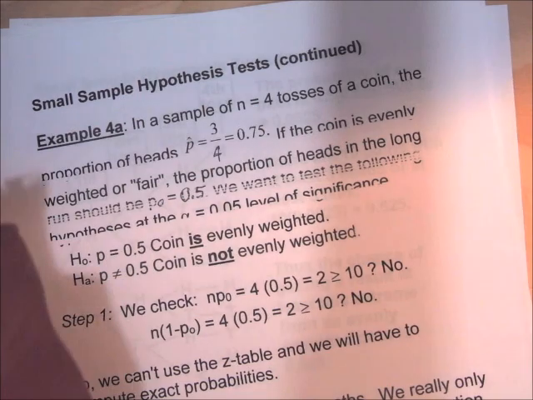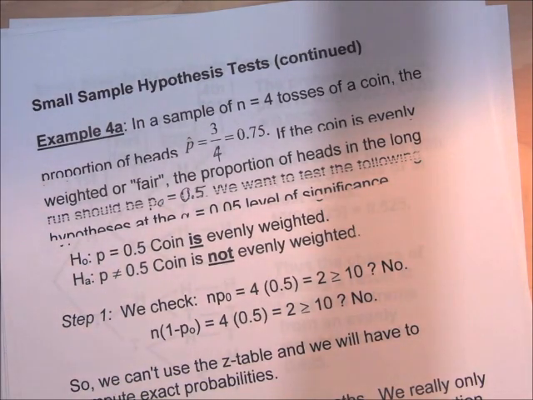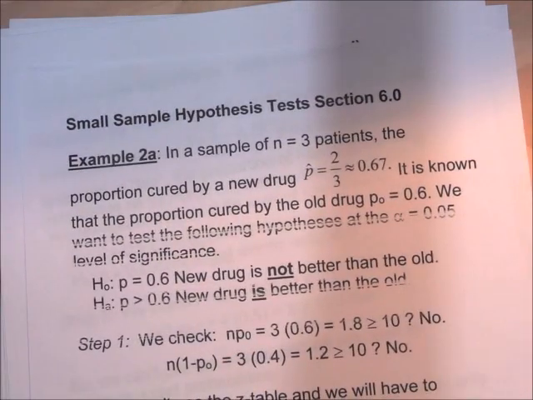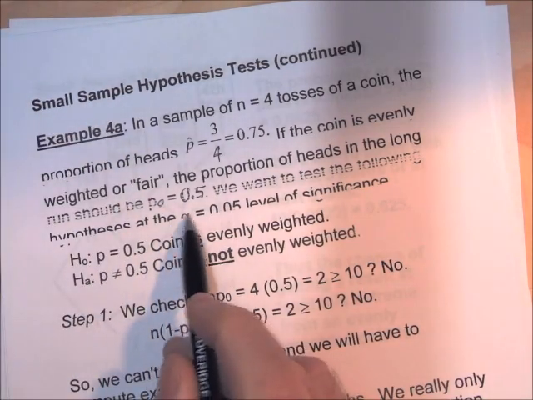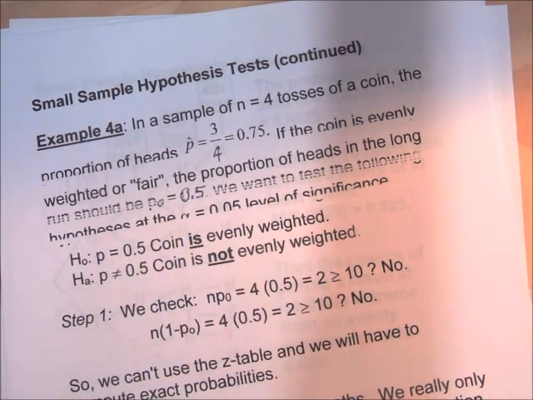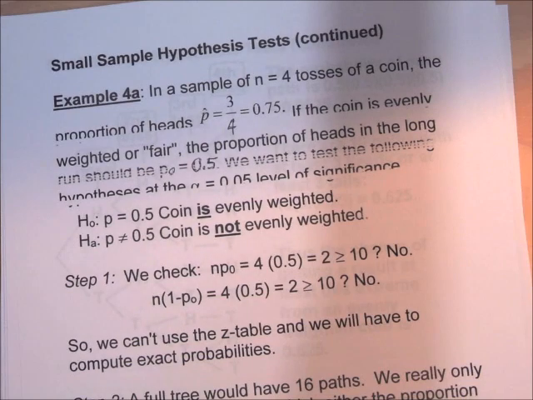And for the example with the drug, that was a right-tailed test. We're only interested in the new drug if the cure rate is higher than that of the old drug. So this is a right-tailed test. This is a two-tailed test here. A coin is going to be unevenly weighted if there's either more heads than tails or fewer heads than tails. Either way, it's not evenly weighted.